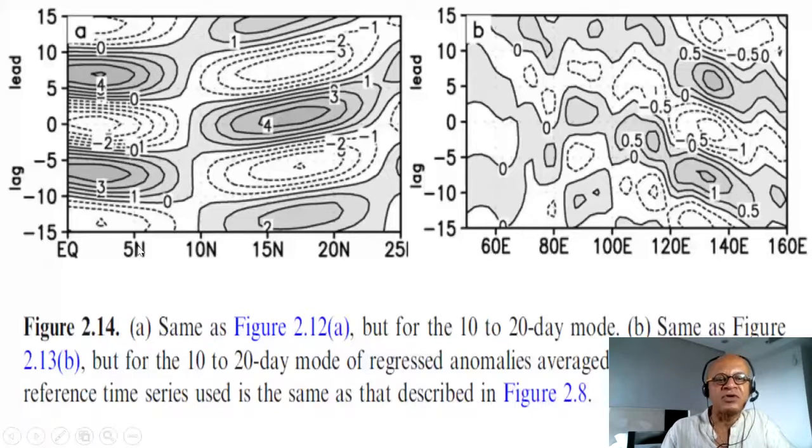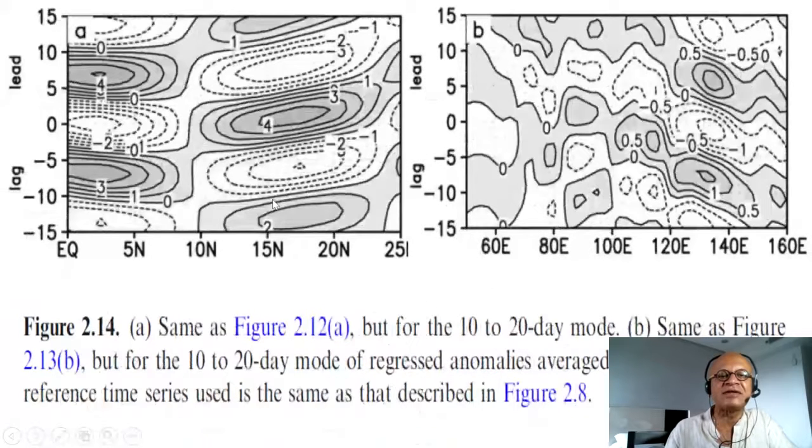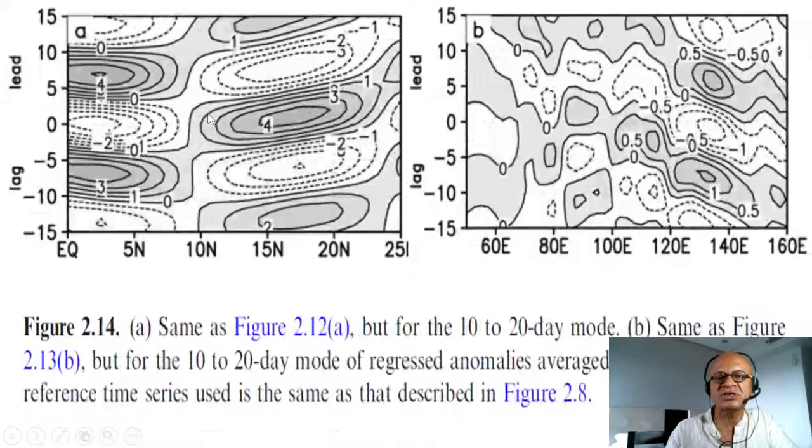theories. Now, looking at the same kind of figure for the 10 to 20 day mode, this is averaged at 5 to 15 north, and here 5 to 15 north here, and this is the same latitude band 80 to 90 degree east. And you can see that this is very different, so there is almost like a jump rather than a smooth propagation. Here you can clearly see smooth propagations, whereas you see almost a jump.